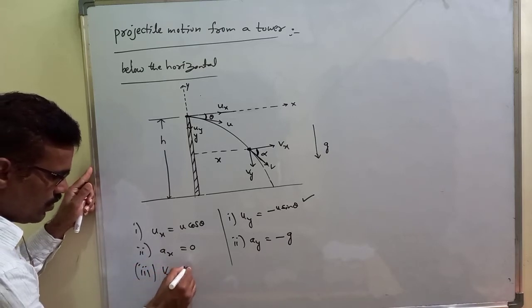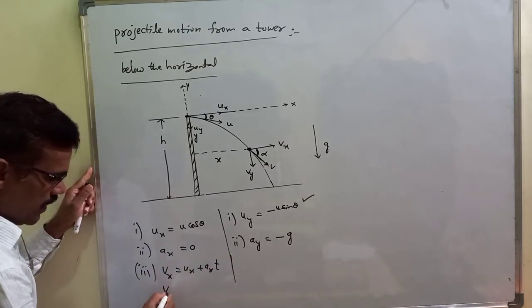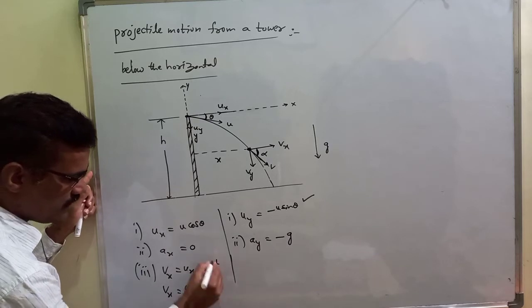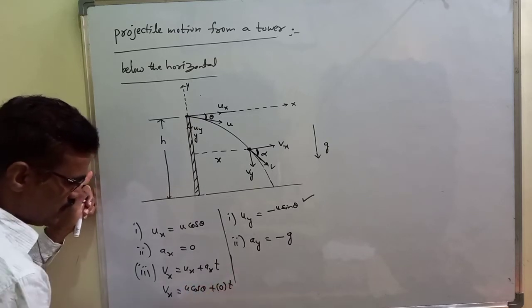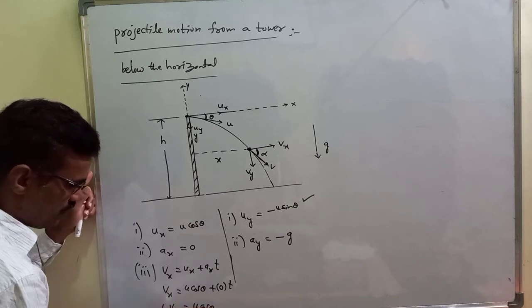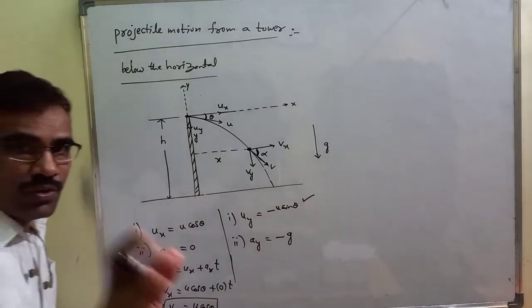Vx equal to Ux plus Axt. Here Ux is U cos theta and Ax is 0, so 0 into t. That's why Vx equal to U cos theta. After t seconds, its horizontal component of velocity is U cos theta.